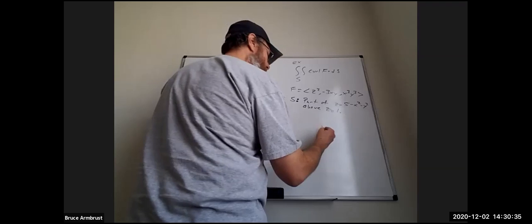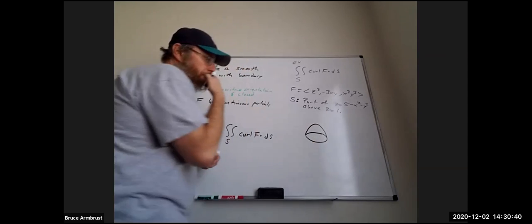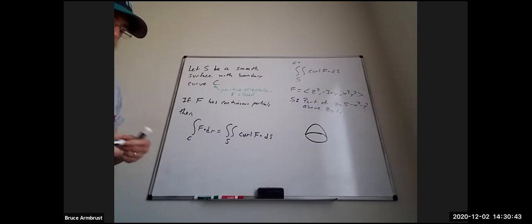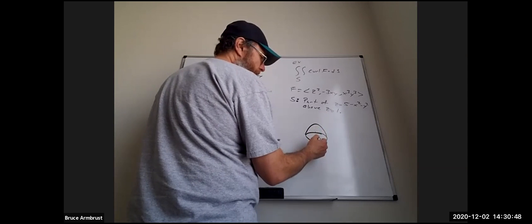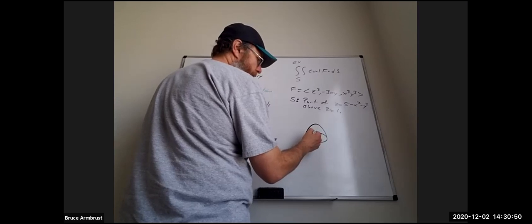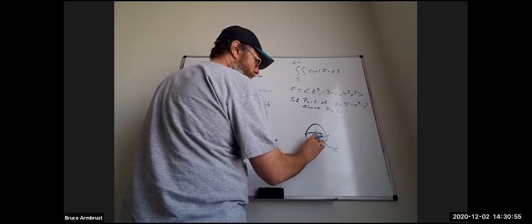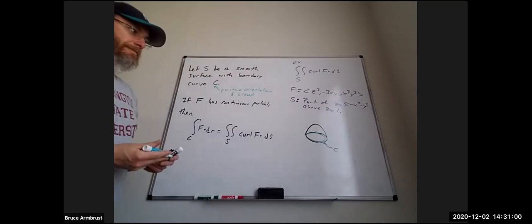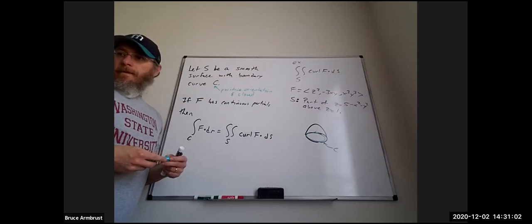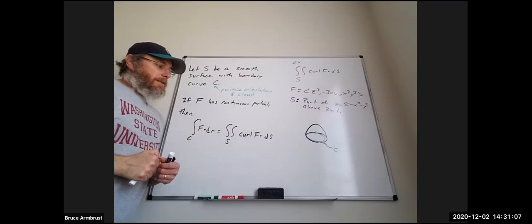This shape is the bowl that's been turned upside down, and so it's this circle down here. That's our C. Let me erase the orientation. We'll see if we can figure out what the orientation should look like. Okay, so that's what C is.